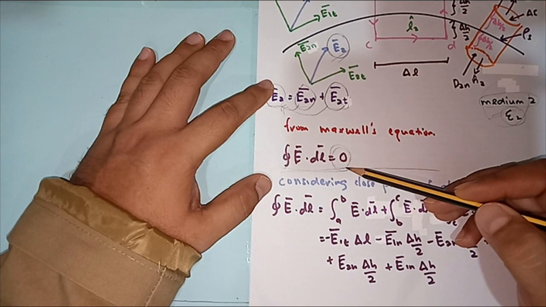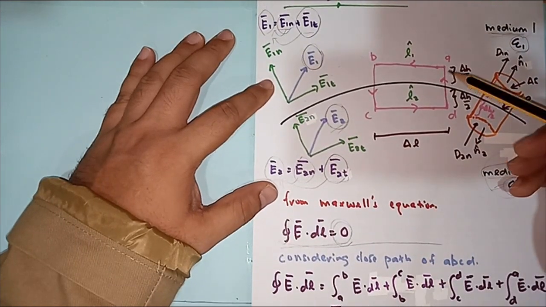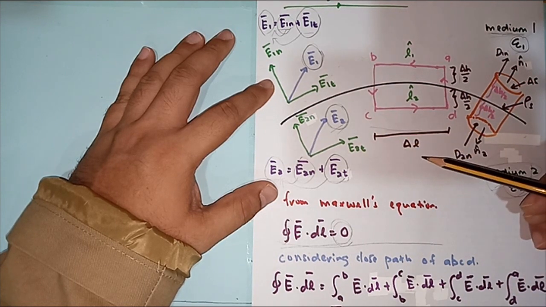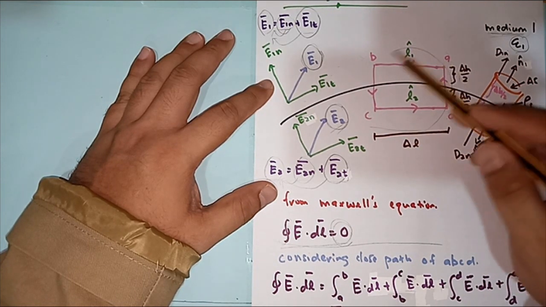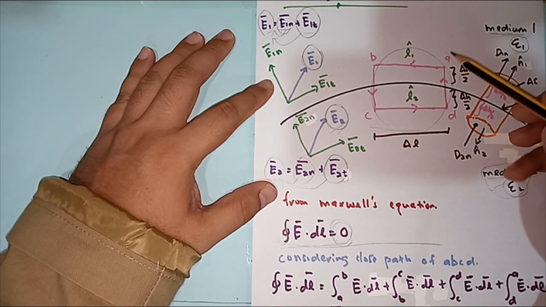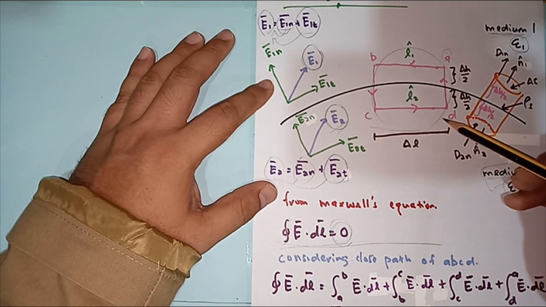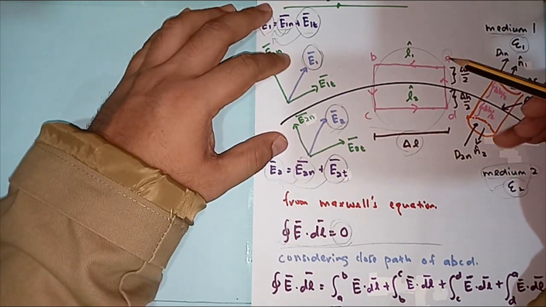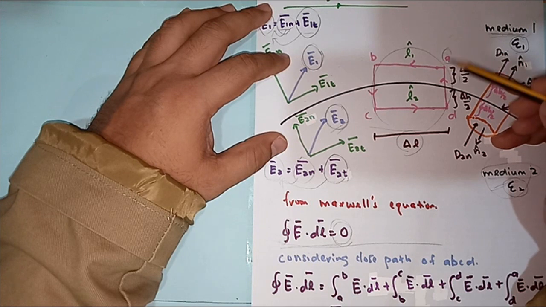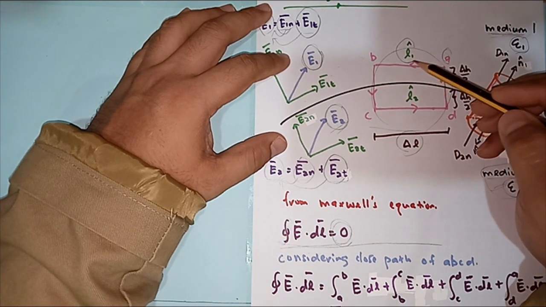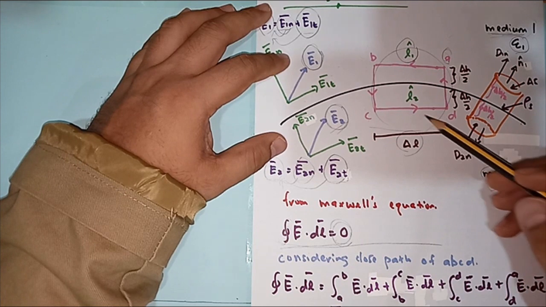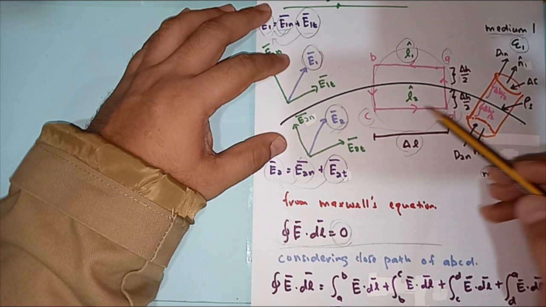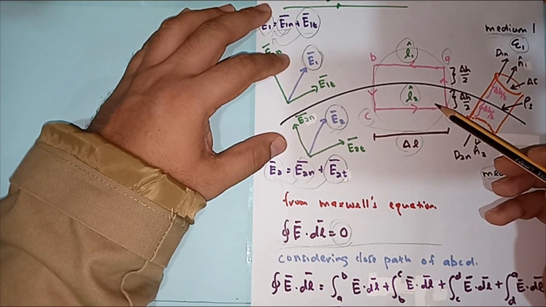In order to solve this equation, let's consider a closed path A, B, C, D as shown in this figure. This closed path has a length from A to B and from C to D equal to delta L. The unit vector that represents the distance between A and B is L1 cap, and the unit vector that represents the distance between C and D is L2 cap.